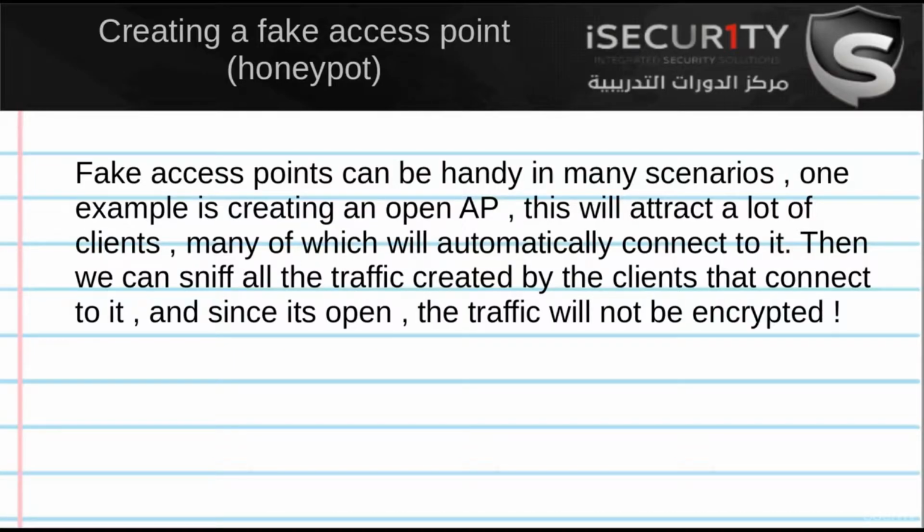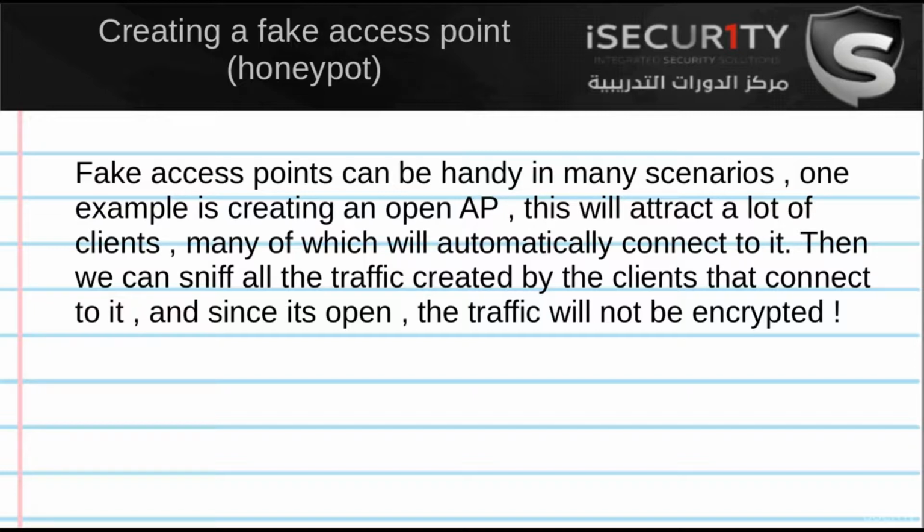Creating a fake access point. A fake access point is basically an access point that just looks normal to any user, and it doesn't have encryption on it, so people can connect to it without having to enter a key. It's an open network, and it should have internet connection to attract people to use it. So why would we create a fake access point?